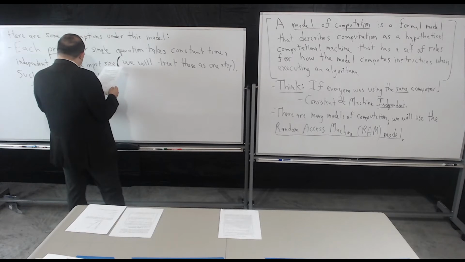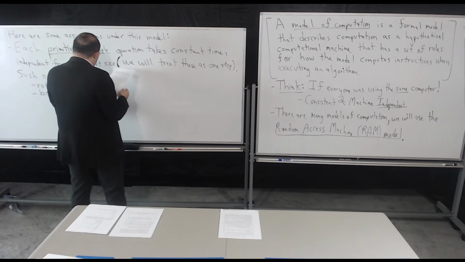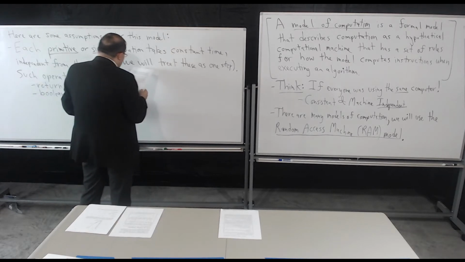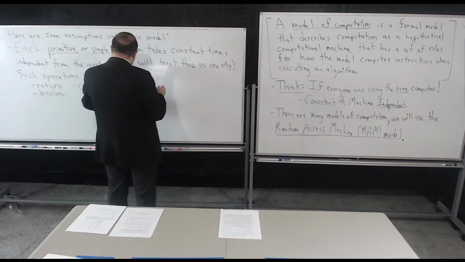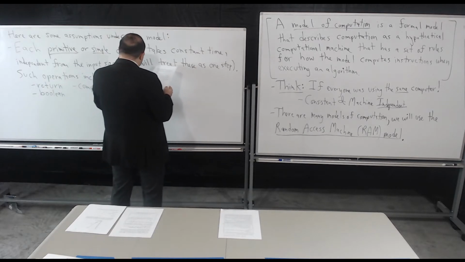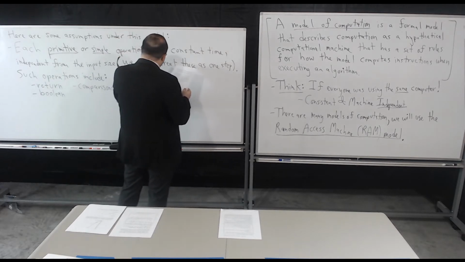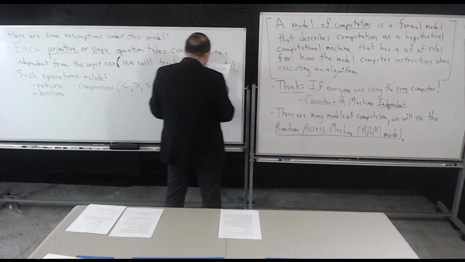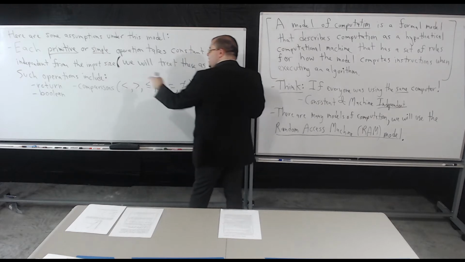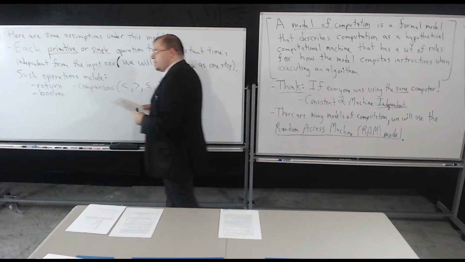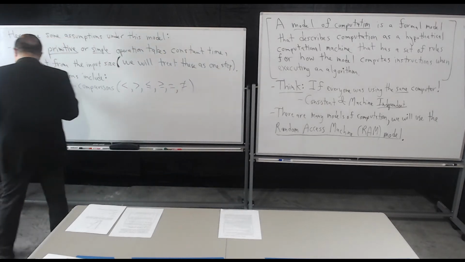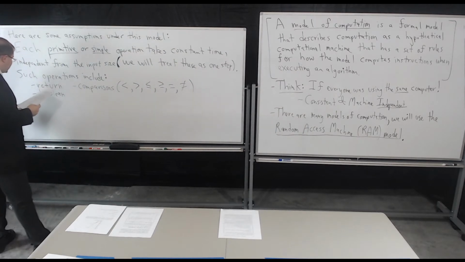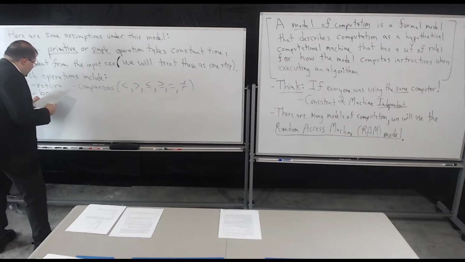Let's say comparisons. So just to be clear, I'm talking about things like less than, greater than, less than or equal, greater than or equal, equals, not equals. And technically under the Boolean, but I'm going to typically assume arithmetic operations. Things like assignment.